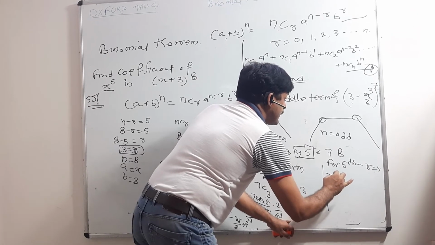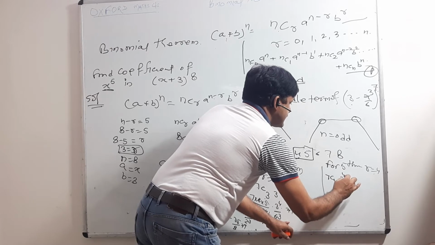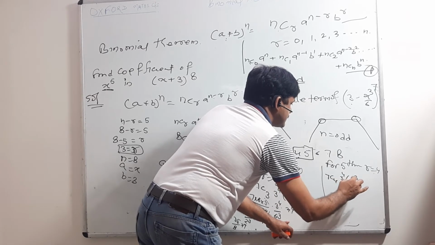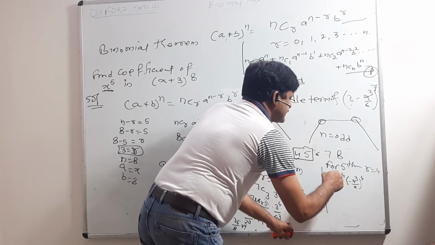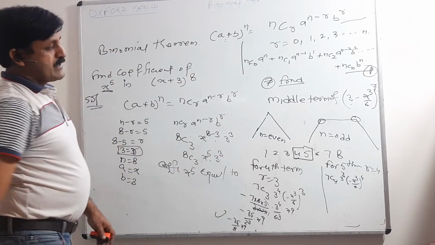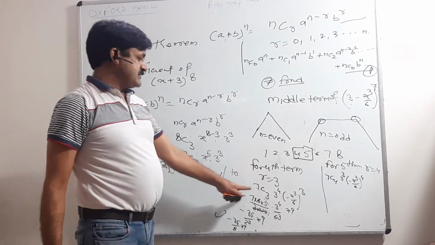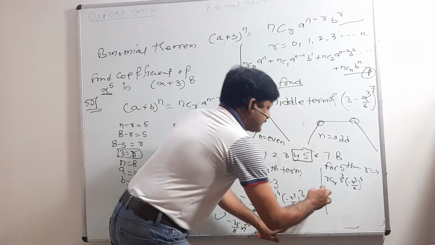And for the fifth term put r is equal to 4. 7C4, a is 3 to the power 4, b is minus x cube upon 6 whole power r means 4. nCr, n minus r means 3, and r to the power n. 7C4 is equal to 7C3, and 7C3 is equal to 35.